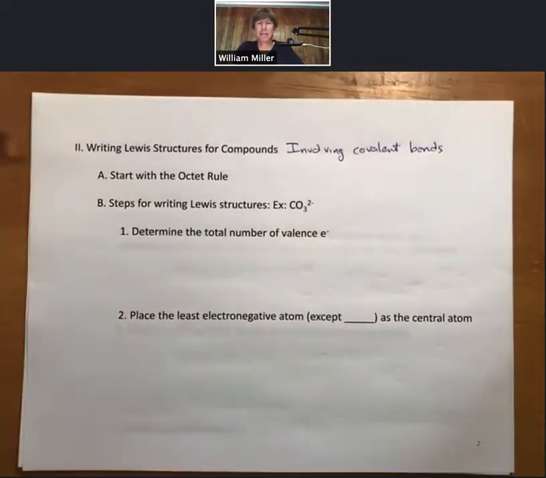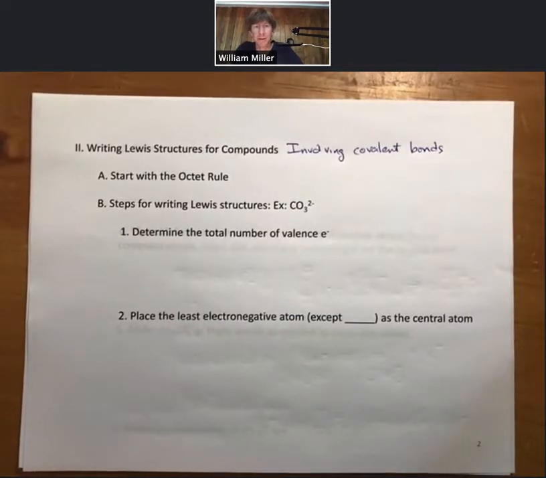So you'll see that these involve typically two, but two or more nonmetals sharing electrons, and we'll be able to show you how when you share electrons, you will get the 8 that each of the elements wants, and we'll show you how to do that as well.